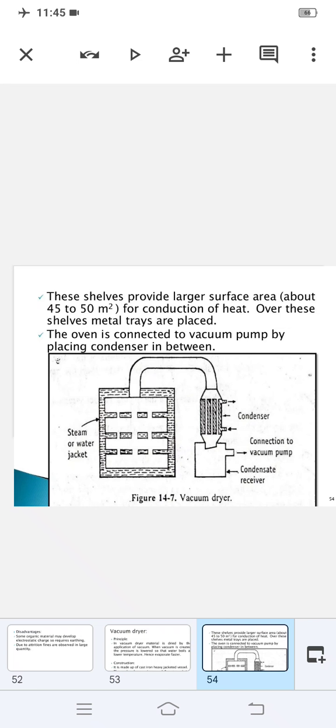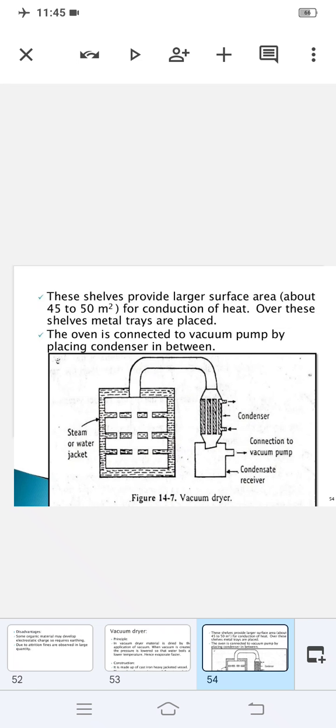Now how it works: the material which is to be dried is kept inside the vacuum dryer, spread on the trays. The trays are placed on the shelves and the door is closed firmly. After that, pressure is decreased to 30 to 60 kilopascals by means of a vacuum pump, and steam or hot air is supplied into the hollow space of the jacket and the shelves. Heat transfer takes place by means of conduction.